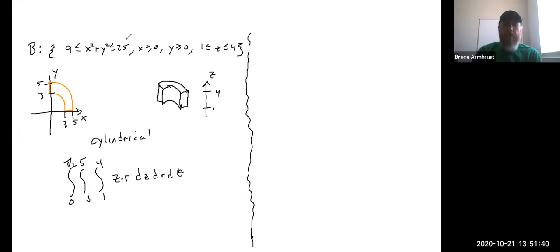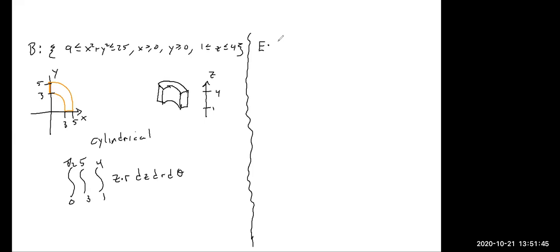So, Seamus, can you tell me again what yours was? Yeah, mine is the region E is bounded above by x squared plus y squared plus z squared equals 100, and it's within x squared plus y squared equals 49, z is greater than or equal to 7.